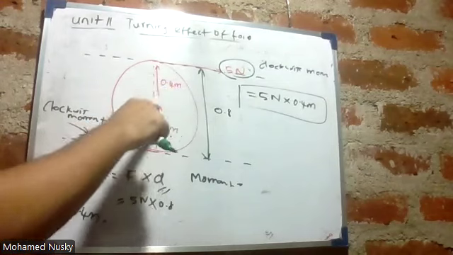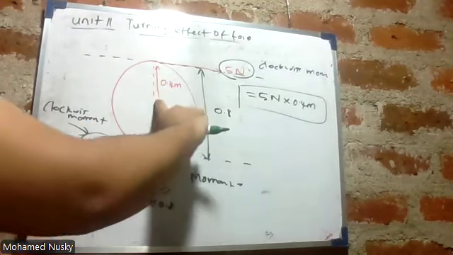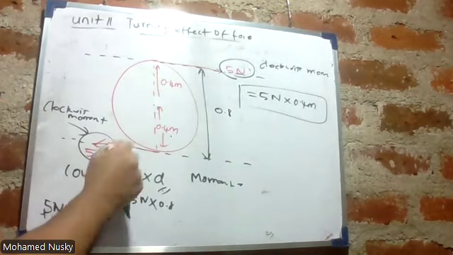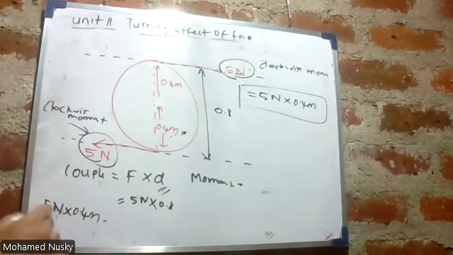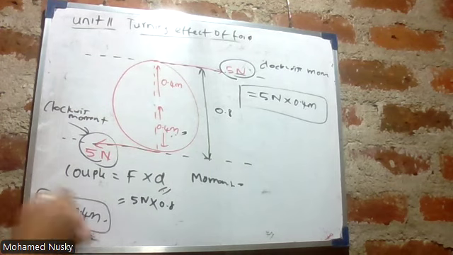Here, for the 5 Newton force, the distance between the axis of rotation and the line of action is 0.4 meter. Therefore, 5 into 0.4.